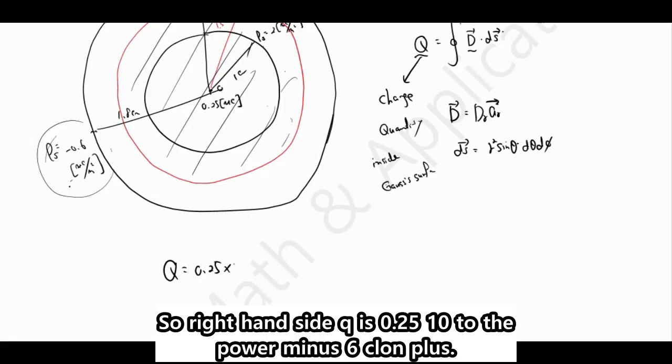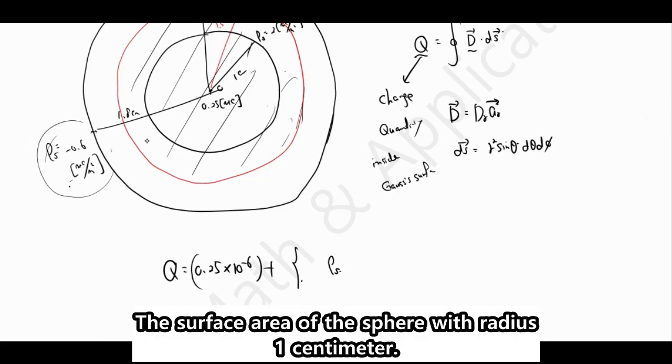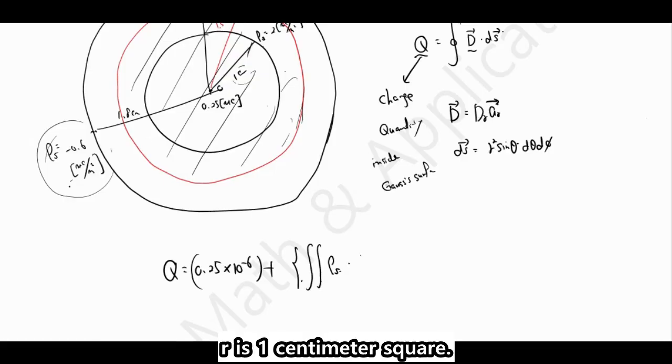0.25 microcoulomb, 10 to the power minus 6 coulomb, plus this charge, which is the surface charge density multiplied by the surface area of the sphere with radius 1 centimeter. So this is r squared, r is 1 centimeter squared, sine theta d theta d phi.